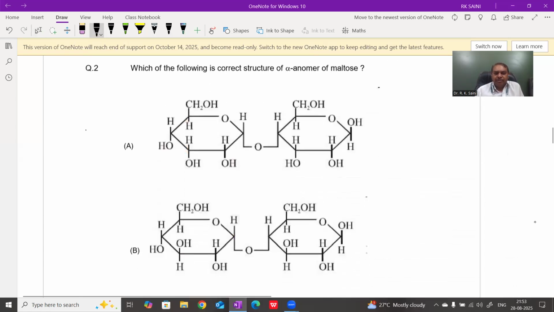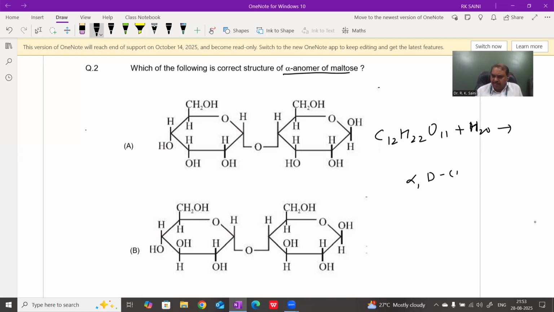Which of the following structures is the correct structure of the alpha anomer of maltose? First, maltose is C12H22O11. It gives two molecules of alpha D plus glucose on hydrolysis, and hence it is a disaccharide.